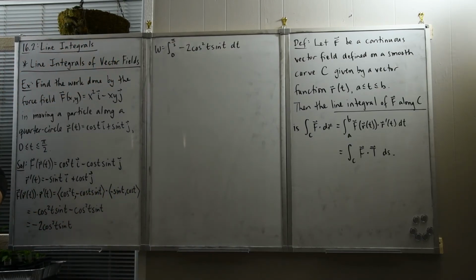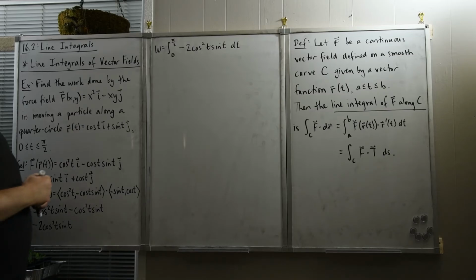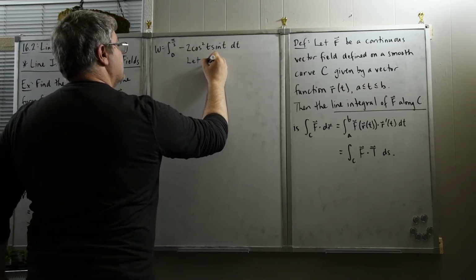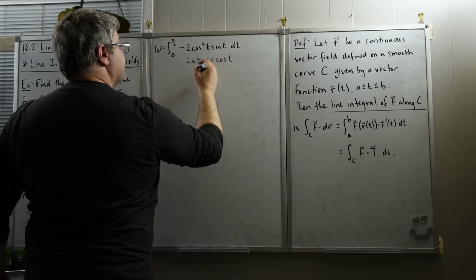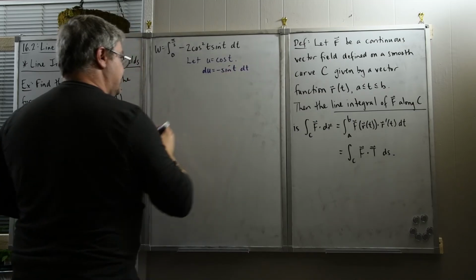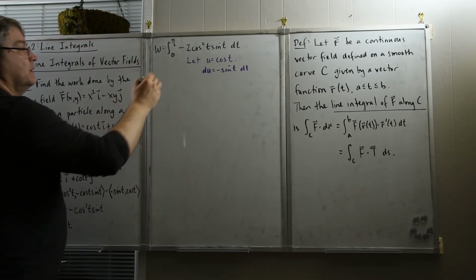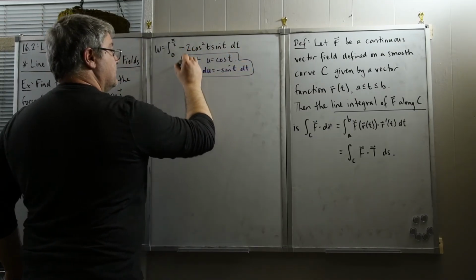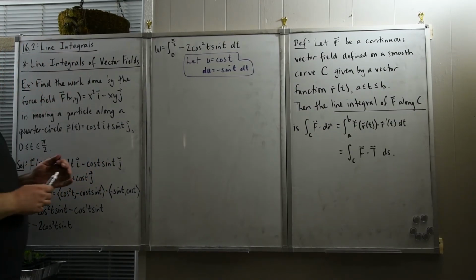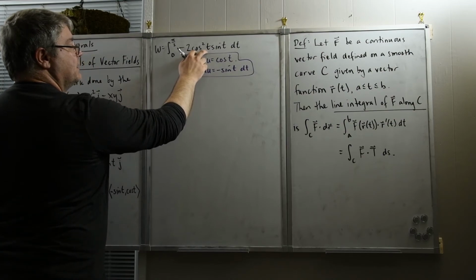But to work this out, we're going to need to do a substitution. So we'll let u equal cosine t, which means du is negative sine t dt. Now, this works out very, very well, because we'll have a negative 2u squared here.